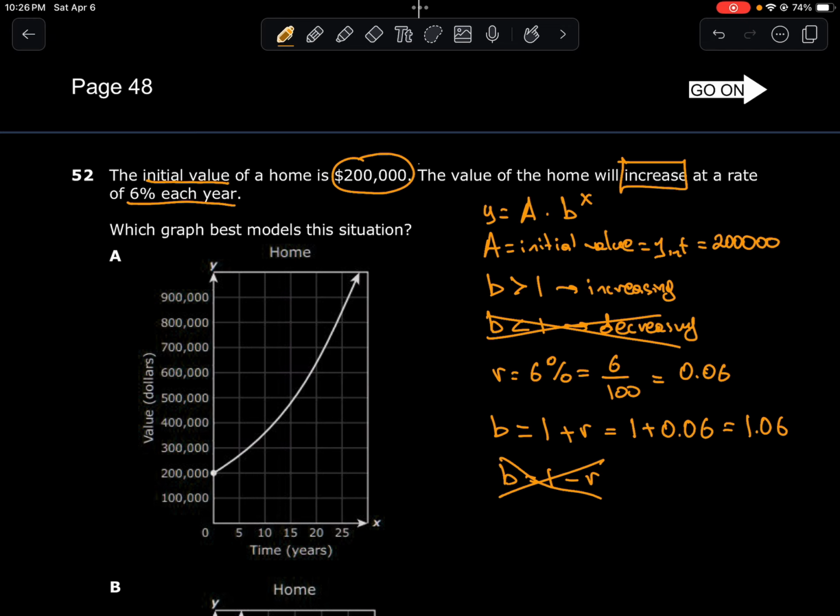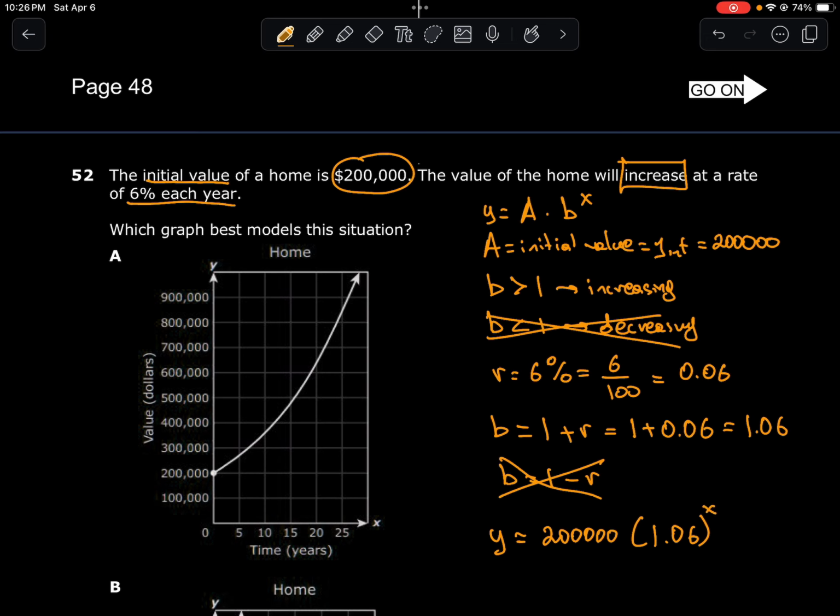Okay, so what do I have here based on this data? y is a, which is 200,000 times 1.06, which is the base, to the x power.